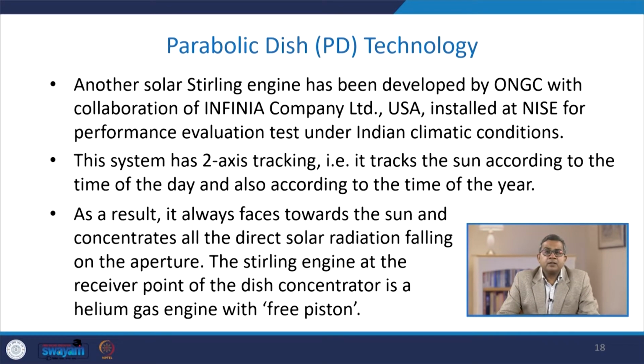Another solar Stirling engine has been developed by ONGC in collaboration with Infinia Company, USA, and installed at NIC for performance evaluation tests under Indian climatic conditions. This system has two axis tracking, that is, it tracks the sun according to the time of the day and also according to the time of the year.